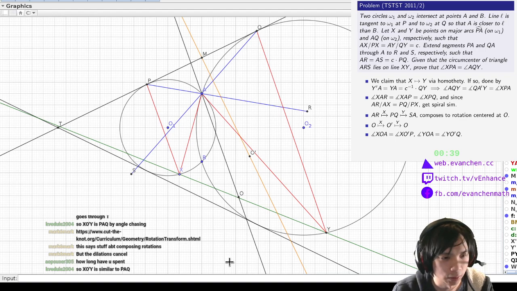But the dilations don't cancel, because you're putting two of them together: rotate through A, rotate through B, dilate through B. If I dilate by some factor at A and then some other factor at a different point B, they don't cancel.